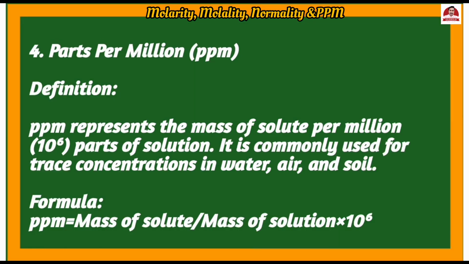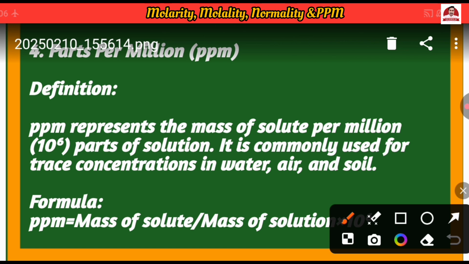Next type is the parts per million. We can also say PPM. And how can we define parts per million or PPM? PPM represents the mass of solute per million parts of the solution, and it is commonly used for trace concentration in water, air, and soil.